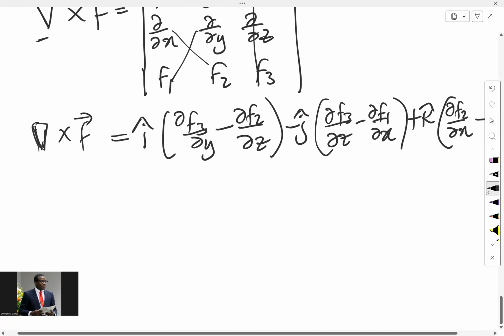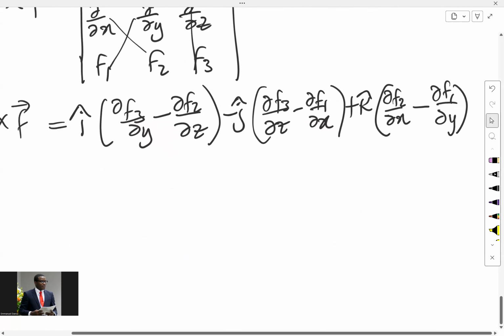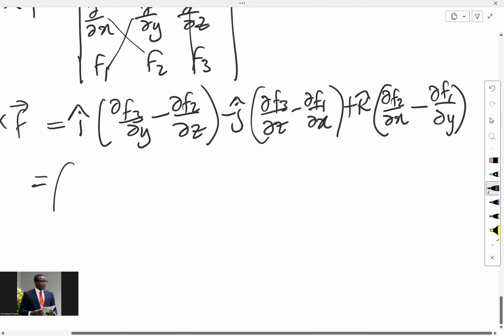So that simply means you can put it in the representation we always have. That is partial F3 partial Y minus partial F2 partial Z, comma.